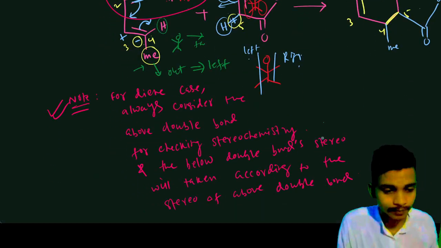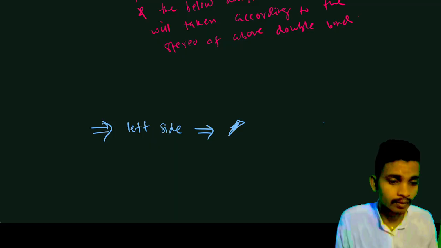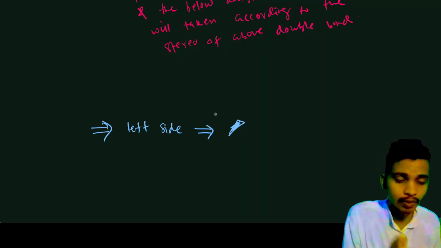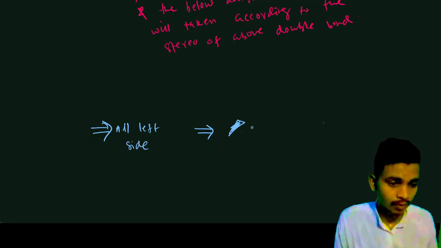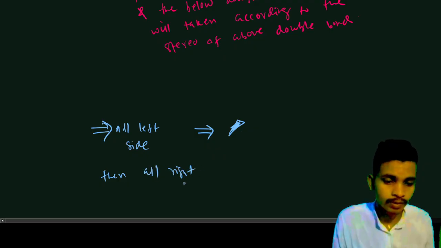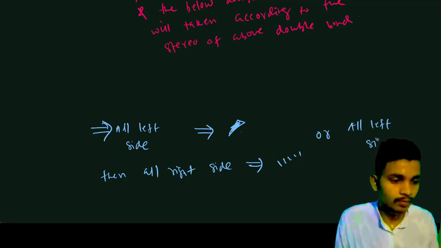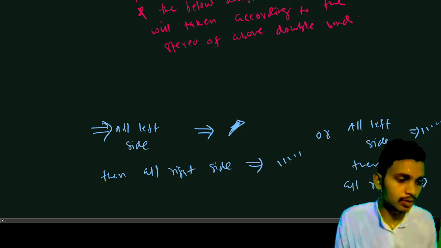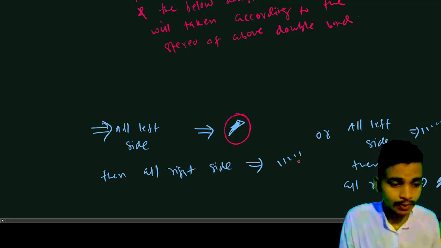One more thing: if I am putting the left side as a wedge, then all left side groups are considered wedge, and all right sides will be considered by the dash. So we look that if the left side you are considering by the wedge, then all right sides have to be considered by the dash.